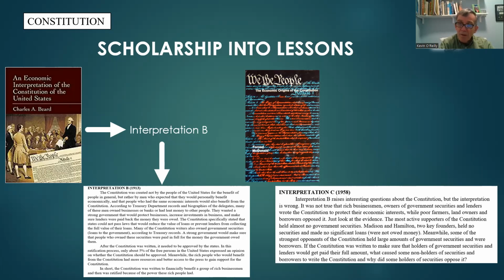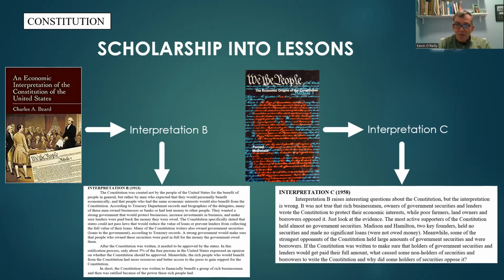That's it. At level 2, it's much longer. Level 3 is 2 pages. But they can read that somebody out there thinks that economics was important. And then that's interpretation B. And then interpretation C is Forrest McDonald, which is a refutation of Beard's theory. That's only the first paragraph.